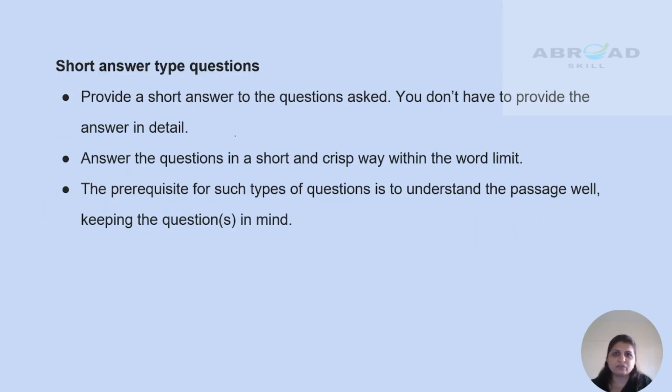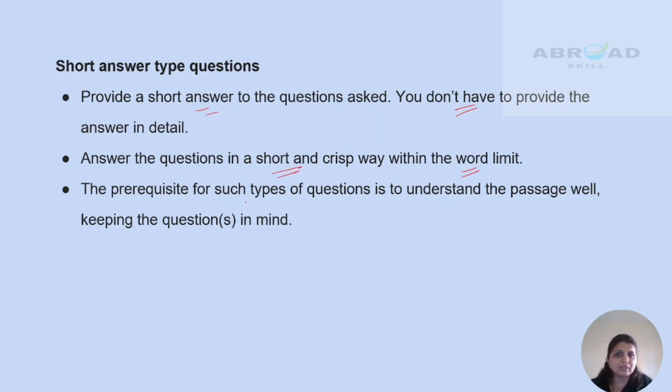Now the next type of question we'll be focusing on is the short answer type question, wherein you will be provided with short answer questions and you don't have to provide answers in detail. Here also the word limit will be given to you and you need to answer in a short and crisp manner.